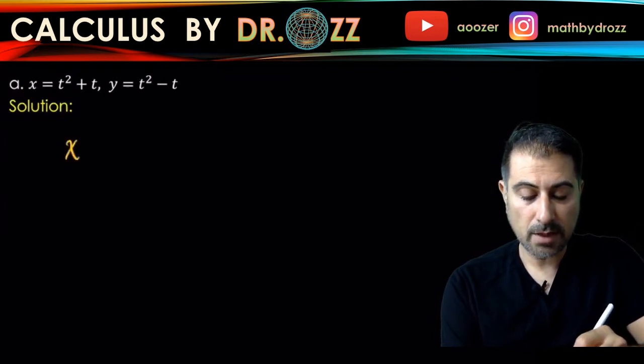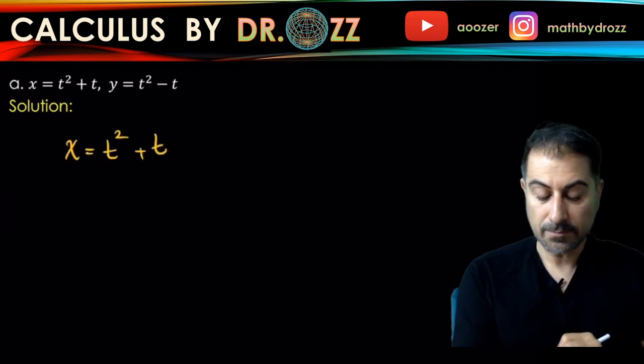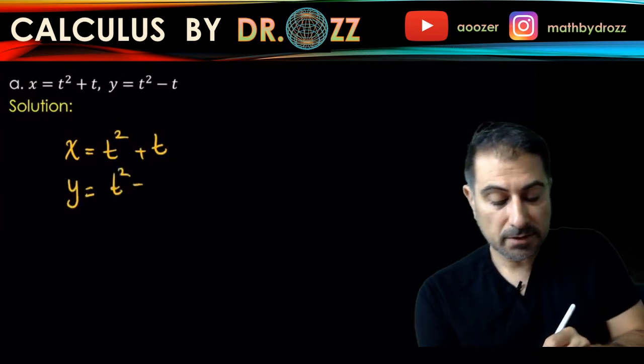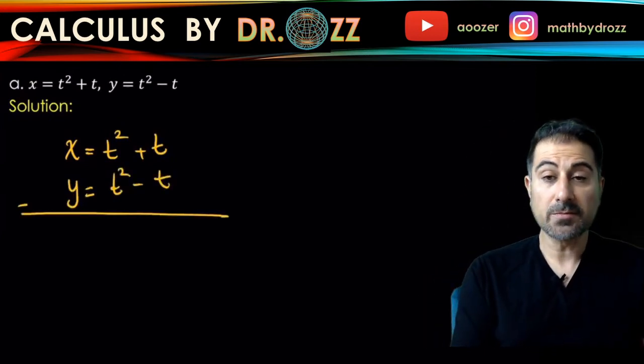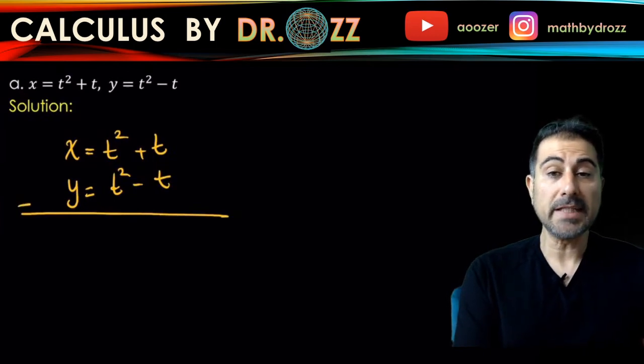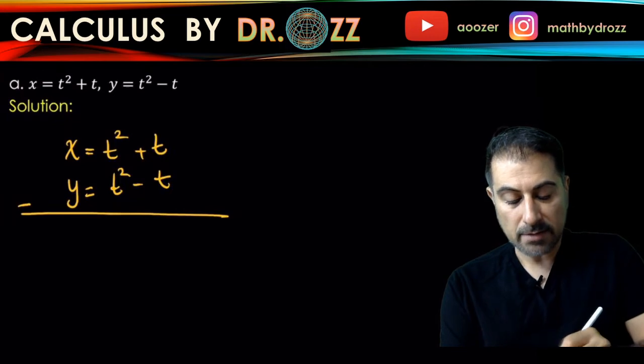x equals t squared plus t, and y equals t squared minus t. Well, what we can do here is subtract the second equation from the first equation so that we can eliminate t squared. So on the left, I have x minus y.